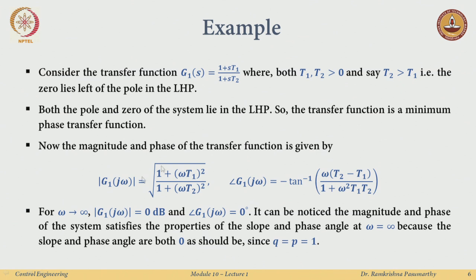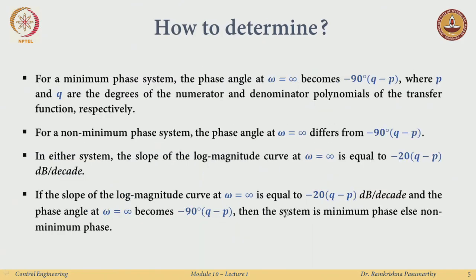So G1 of j omega would be the magnitude of this, something like this. Similarly with the angle, the angle contribution of this minus the angle contribution of this one. As omega tends to infinity in this case, we see that the magnitude goes to the 0 dB line, or in absolute terms it will just be 1, and the angle goes to 0. So what should it be?